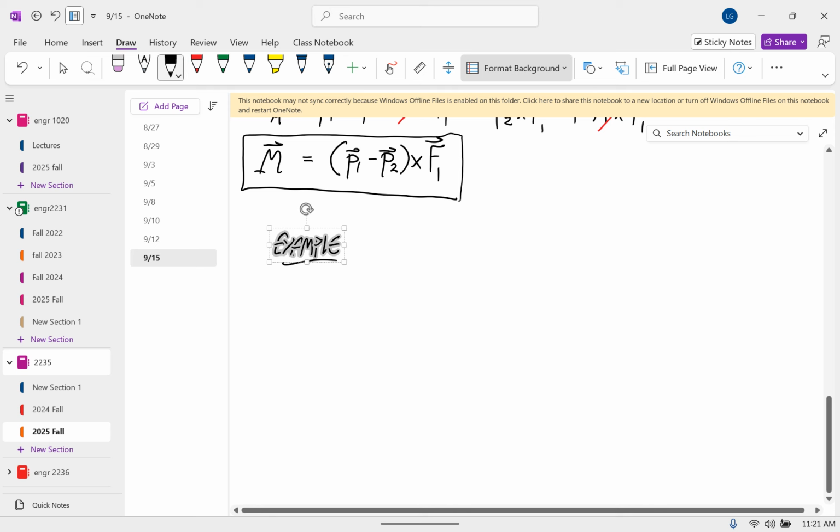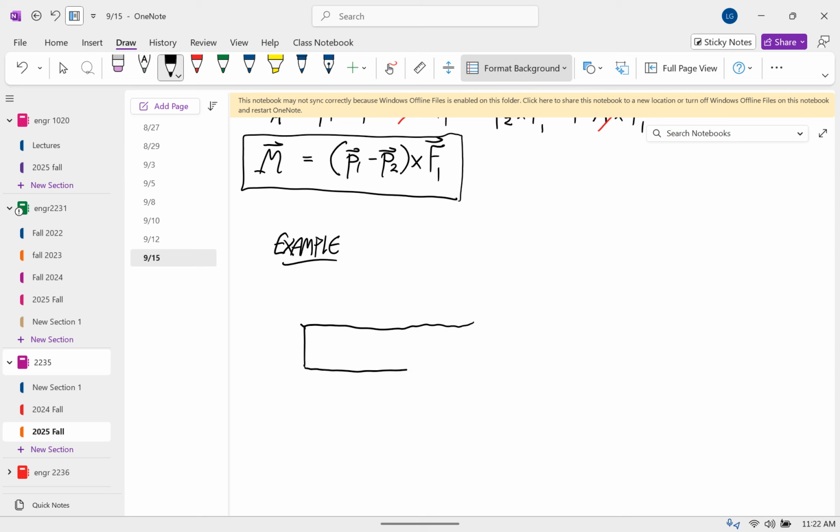So let's take a board. This is a 2D example. And let's say that there is a couple over here, and I'll write it like this, of 60 Newton meters.